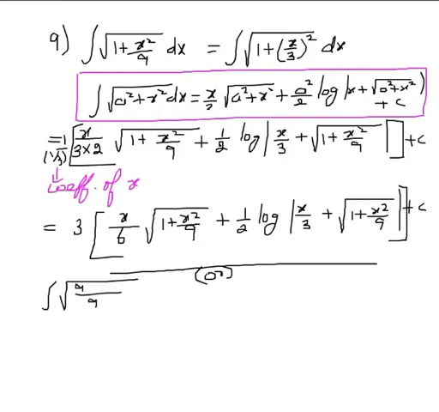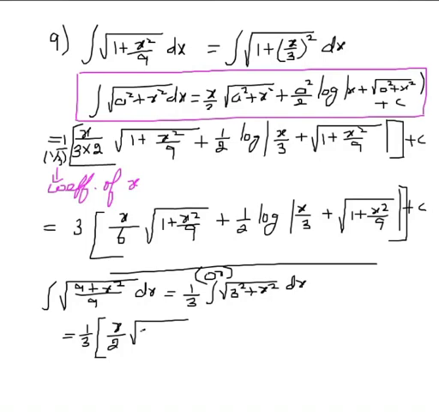If you take LCM 9, it becomes 9 plus x square dx. It becomes 1 by 3 outside. Root of 3 square plus x square dx. Now use the above formula. 1 by 3 times x by 2 root of, the expression is 9 plus x square. This expression you have to copy, not the given expression in the question, because we are applying the formula for this expression, plus a square.